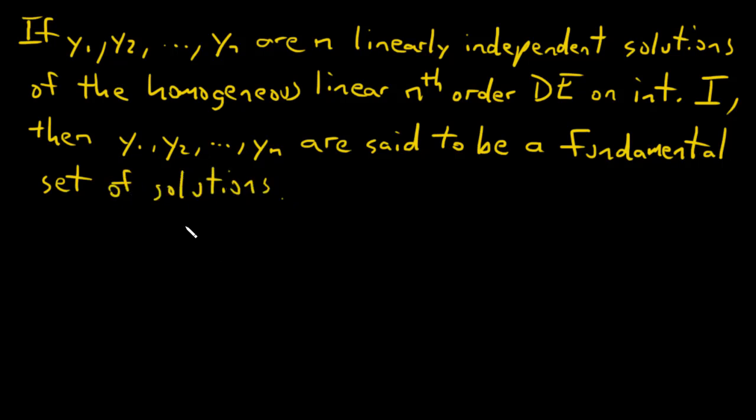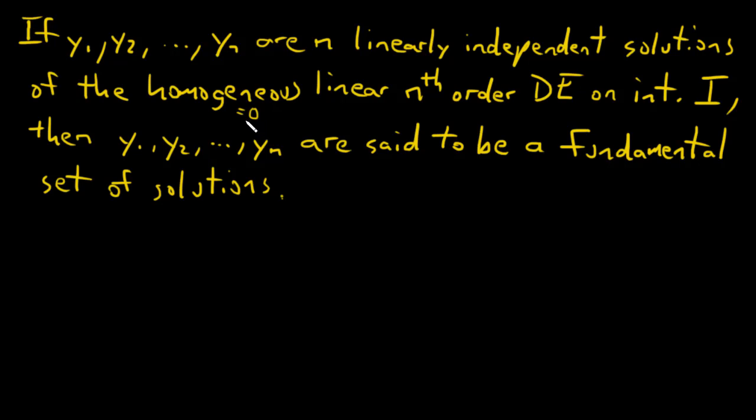Okay, so if I have an nth order homogeneous, what does homogeneous mean in this case? It means that the differential equation is going to be equal to 0, right? Homogeneous is when the g of x or f of x or whatever you want to call it after the equal sign is 0.